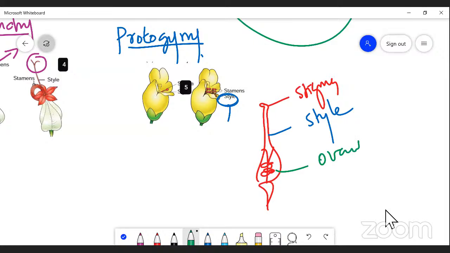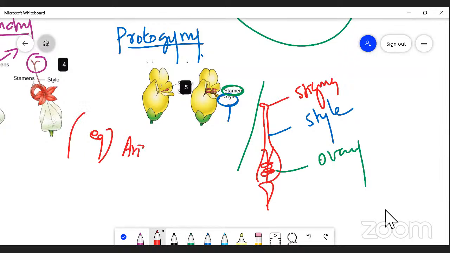This entire gynoecium develops at the very beginning, and later the stamens develop. That is protogyny. It is observed in Aristolochia, which is an example of protogyny.